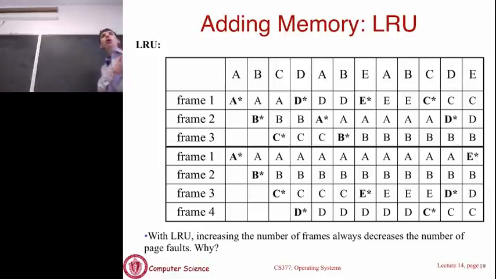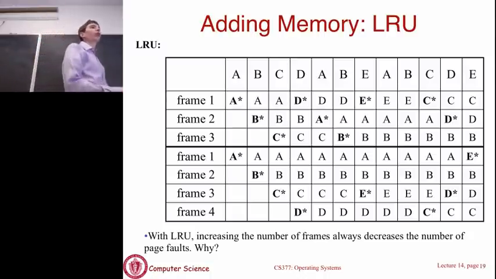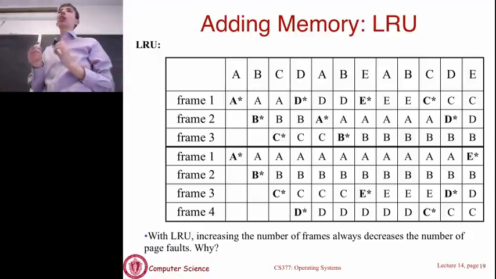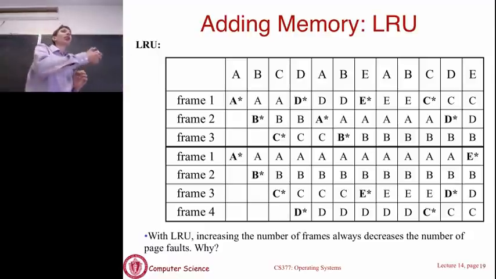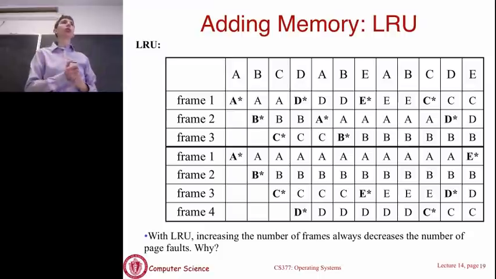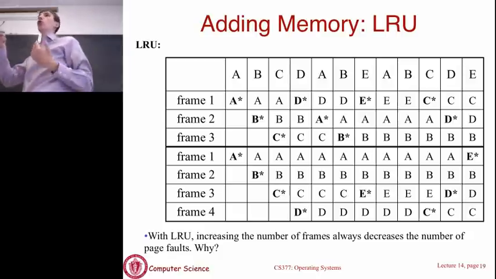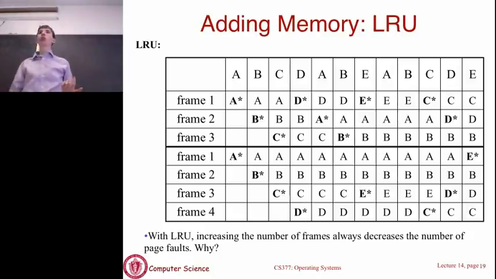Right? So this is illustrating basically why we can't be doing any worse, because LRU, as you give it more frames, is always going to have the same set of the most recently accessed pages plus some extra older pages. In the 3-frame case, we're storing the 3 most recently accessed pages in memory at all times. In the 4-frame case, we're also storing the 3 most recently accessed pages, and in addition, we're storing the 4th most recently accessed page.